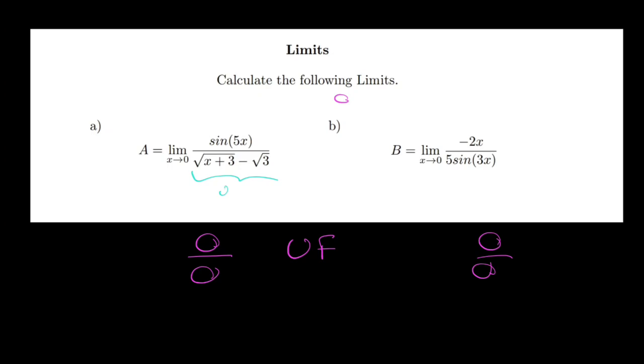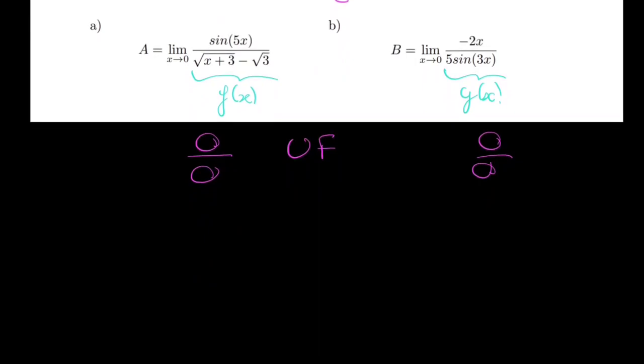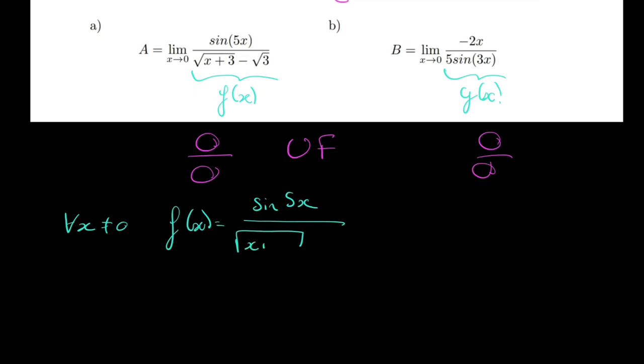We are going to call this function f of x and this function g of x. Perfect. What do we know? So let's rewrite, for all x different from 0, obviously, because in 0 there is a problem. F of x is equal to sinus of 5x over square root of x plus 3 minus square root of 3. What do we know about the limit of sinus over something that is equal to 0?